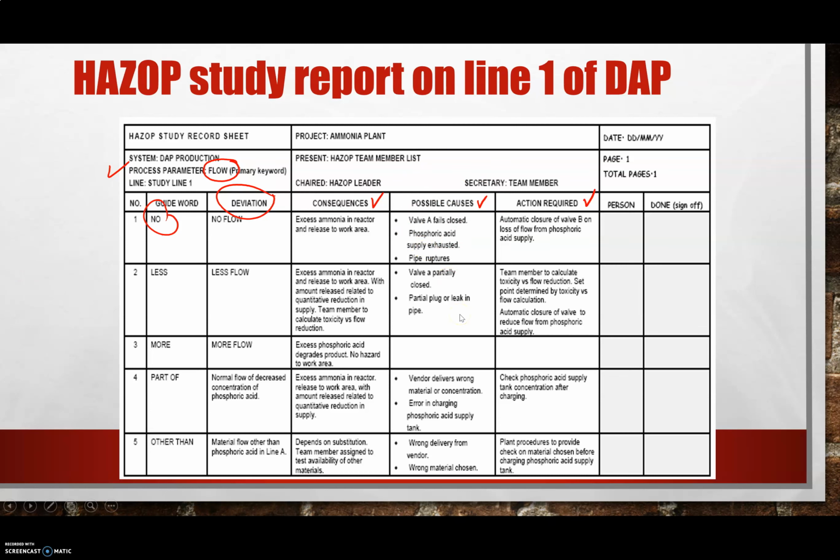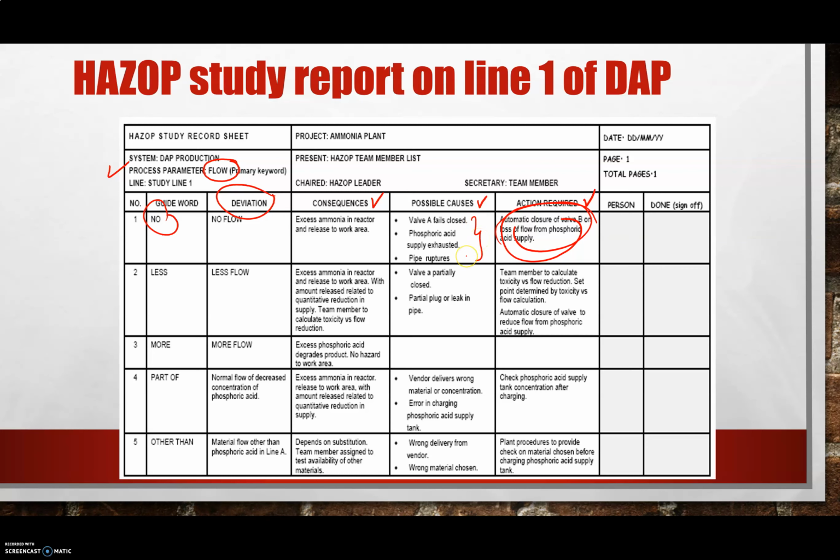So if you are referring back to previous HAZOP studies, this action basically does not refer to exactly what the possible causes are. So which action required or action being taken will solve these possible causes?